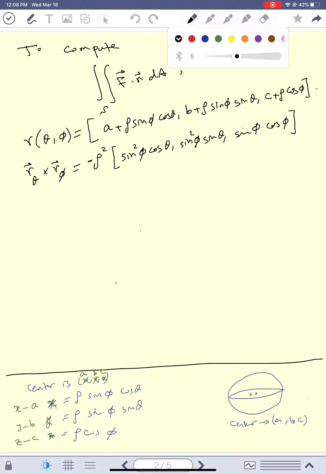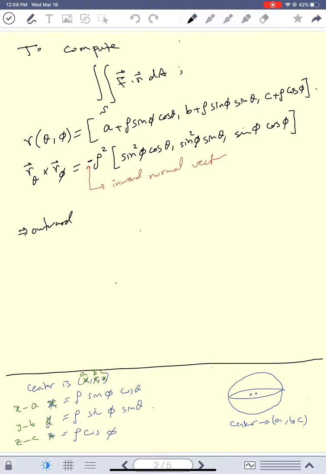Because we did these computations, and because of this minus, this will be the inward normal vector. So to make it the outward, the outward n is going to be rho square times this, just without the negative.